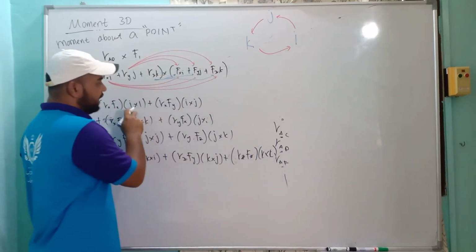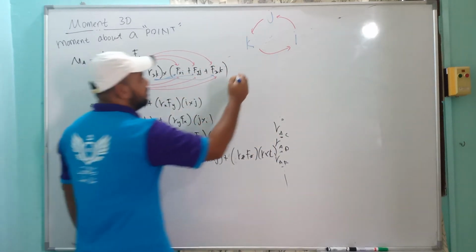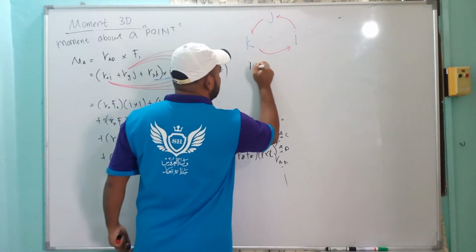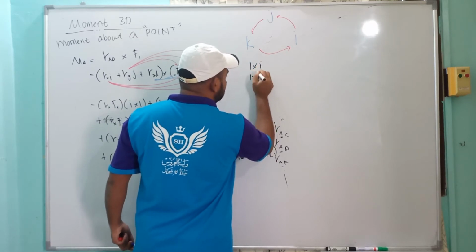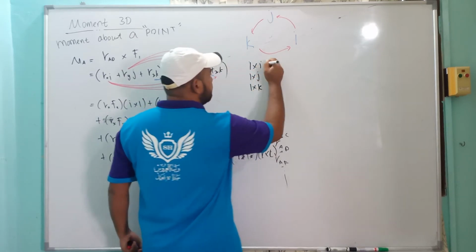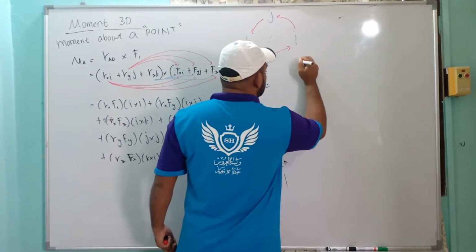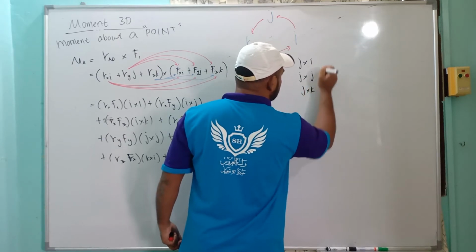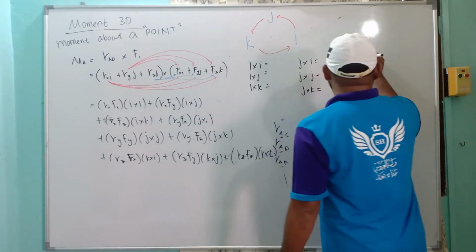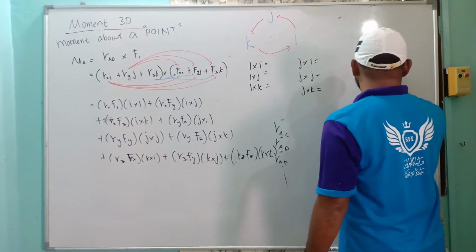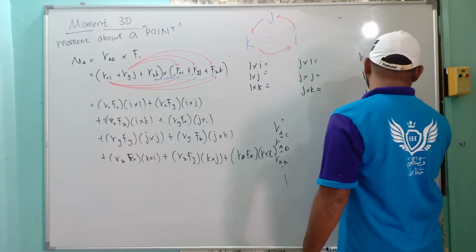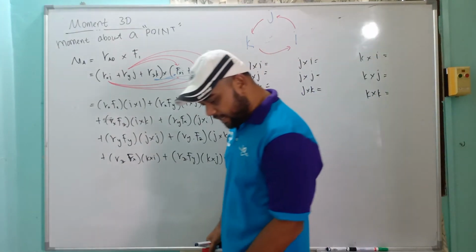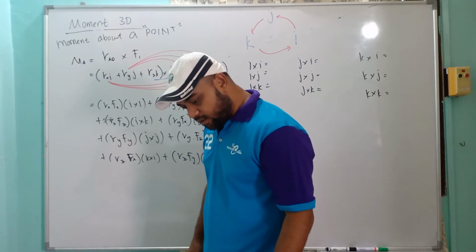So what we have here is II, IJ, IK, and so on. I cross I, I cross J, I cross K, J cross I, J cross J, J cross K, K cross I, K cross J, K cross K. Okay, and here it said that we have the vector cross product.